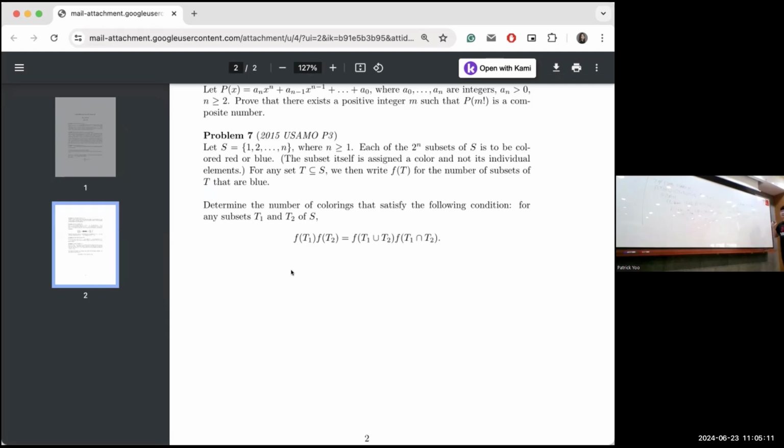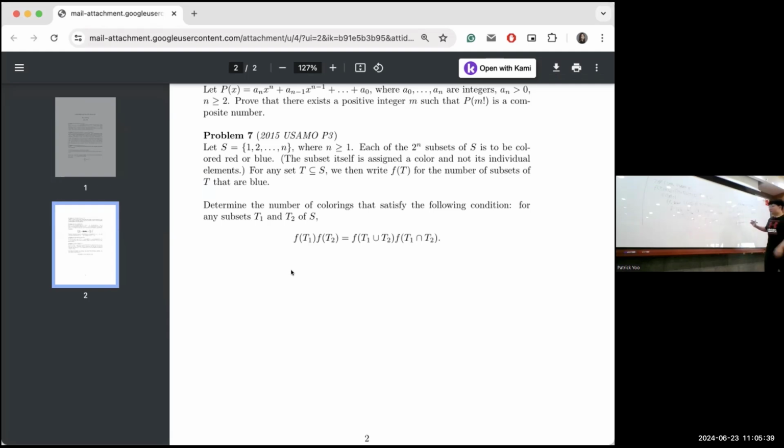Now, what this tells us is this: for any subset T, T is colored blue if and only if all its elements are blue. In other words, if T is T1 through TK, the subset T is colored blue if and only if the single element subsets T1 to TK are all blue.